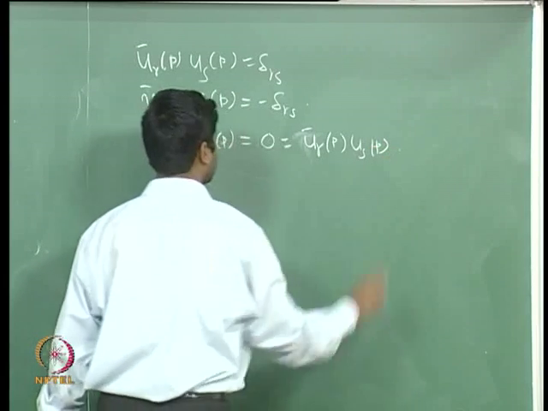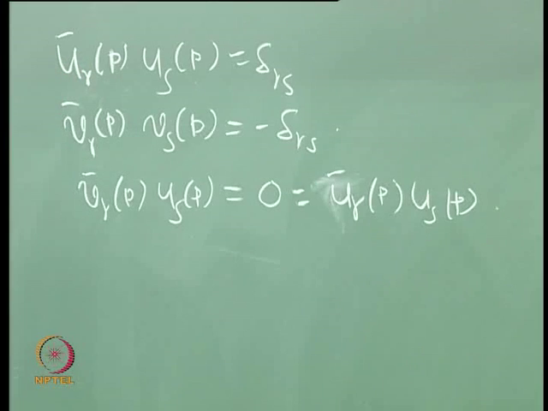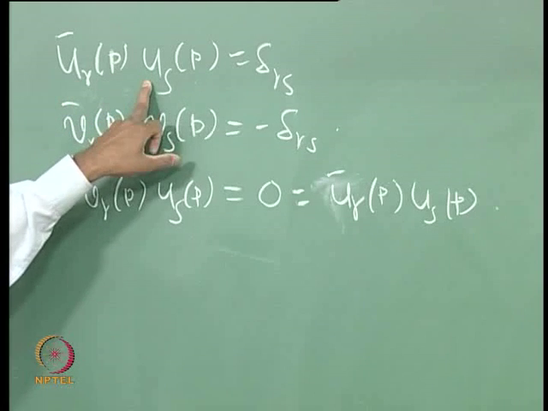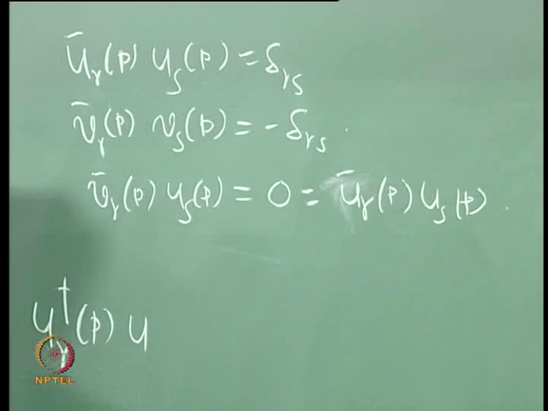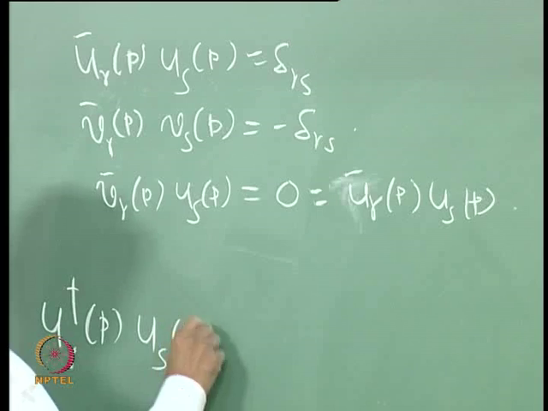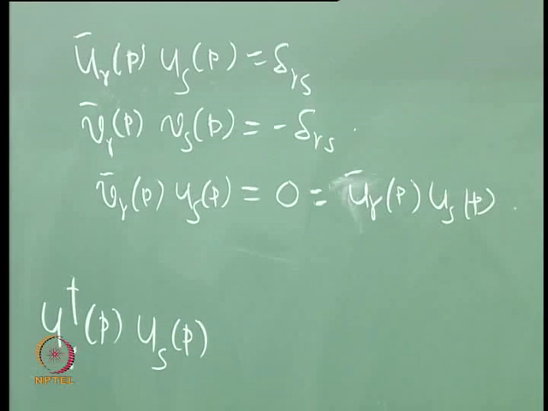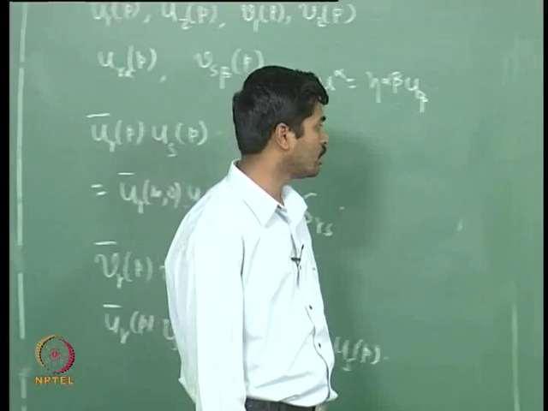We will extensively use all these relations later on. Unlike u bar u, this quantity u dagger r(p) u s(p) is no longer Lorentz invariant.